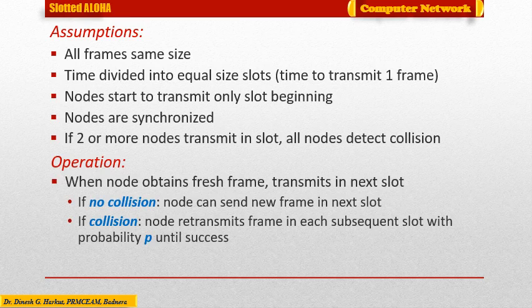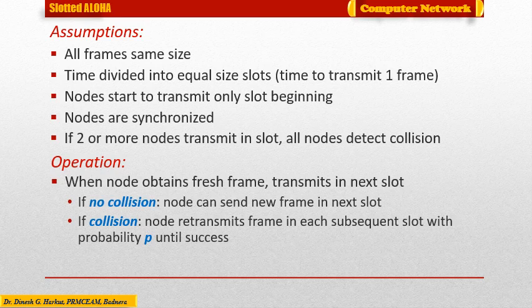Let P be a probability, which is a number between 0 and 1. The operation of slotted ALOHA in each node is very simple. When the node has a fresh frame to send, it waits until the beginning of the next slot and transmits the entire frame in that slot.